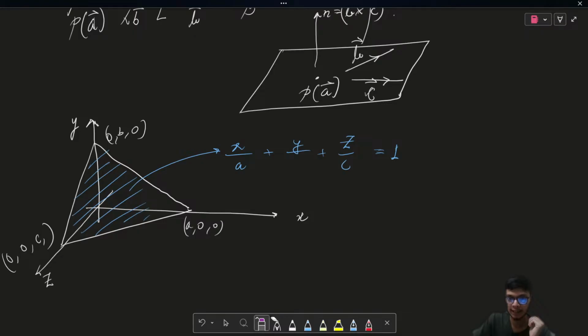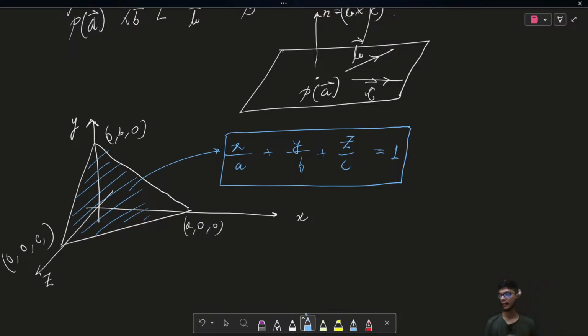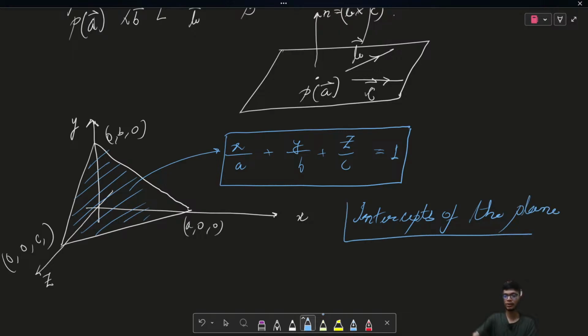Okay, so with this formulation, I can generally write the equation of any plane, and this is also called the intercept form. So if I know the intercepts of the plane, then I can use this particular formulation to write the equation of the plane in the intercept form.